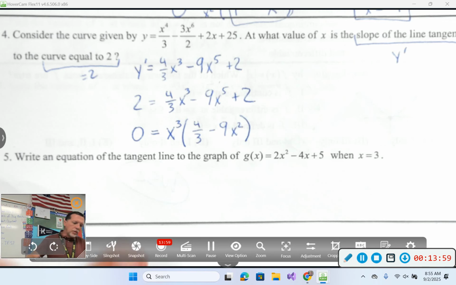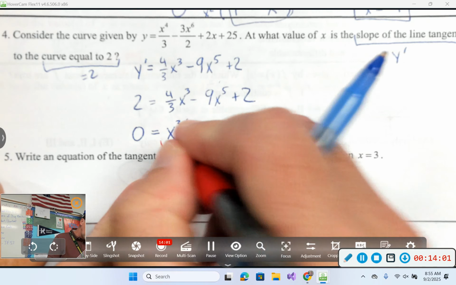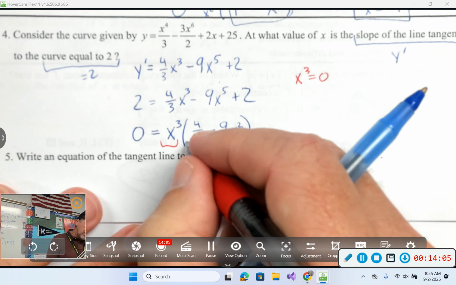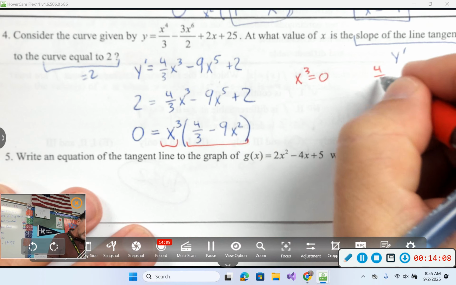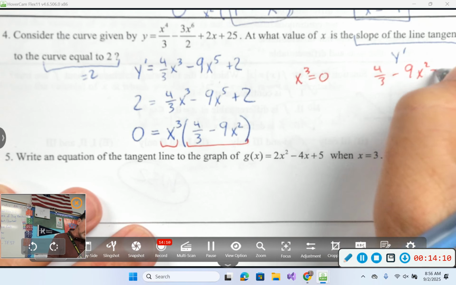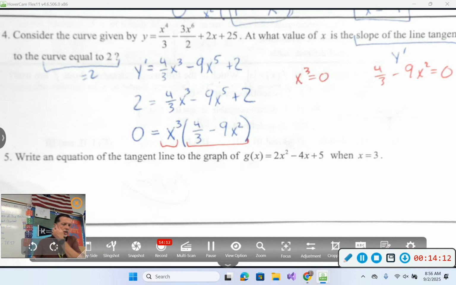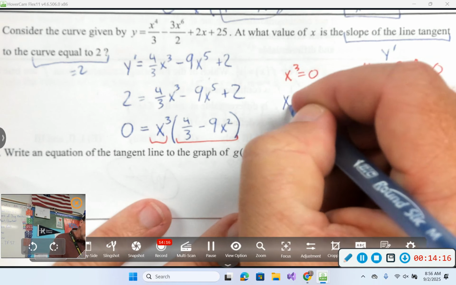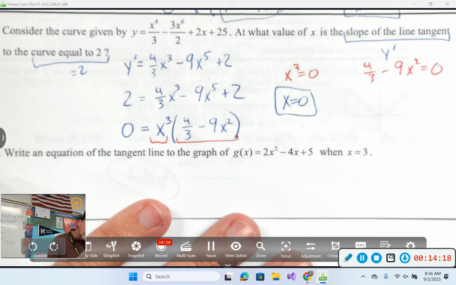So let's set both of those pieces equal to 0. x cubed equals 0, and 4/3 minus 9x squared equals 0. So x equals 0 is one answer.